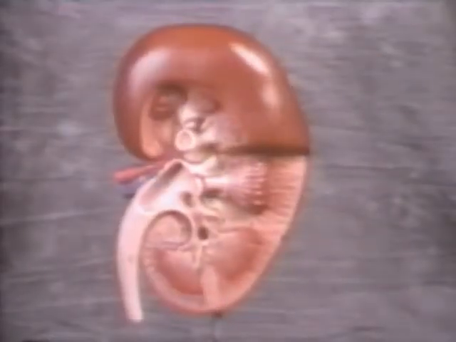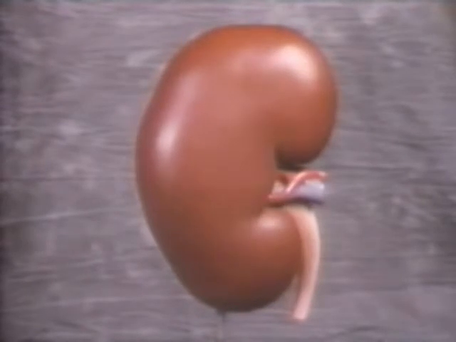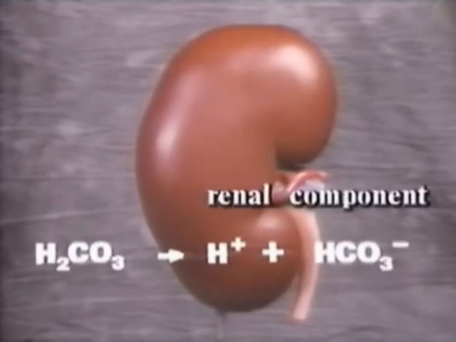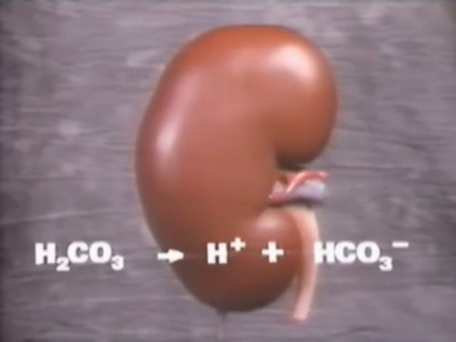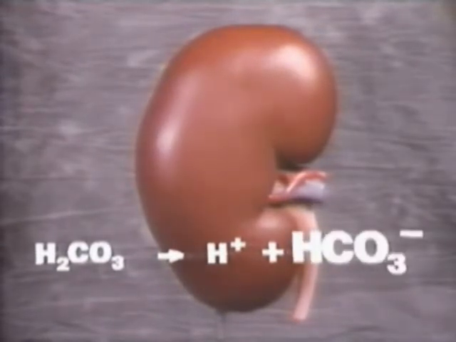Recall that the kidneys directly regulate the renal component of the bicarbonate buffer system, and that they have direct control over hydrogen ion or acid and bicarbonate ion or base. The kidneys, therefore, may cause metabolic alkalosis either by retaining bicarbonate, as happens with chloride loss, or by losing hydrogen.